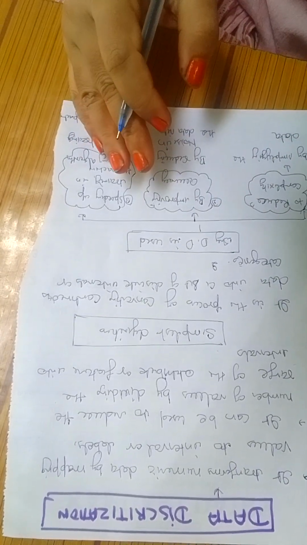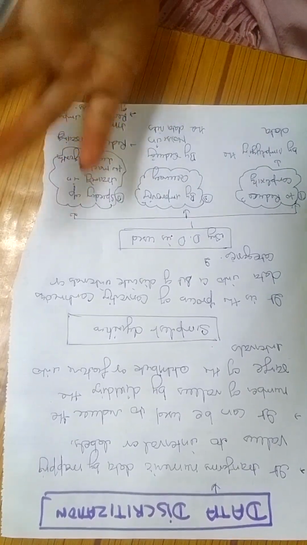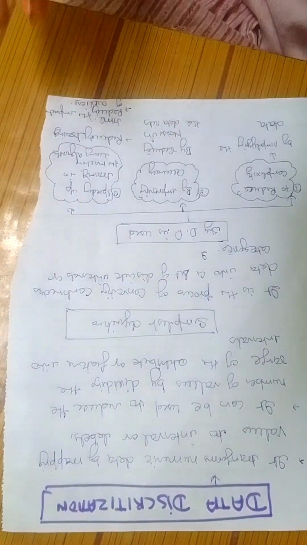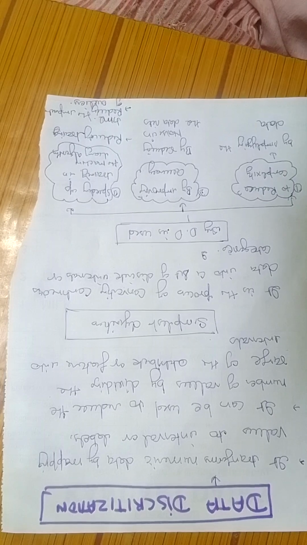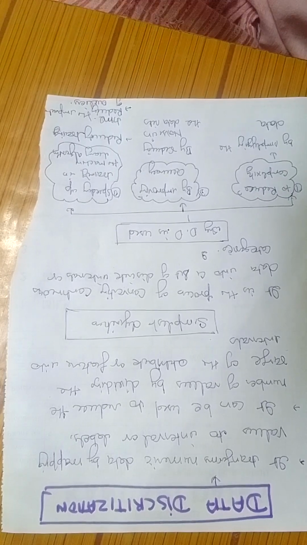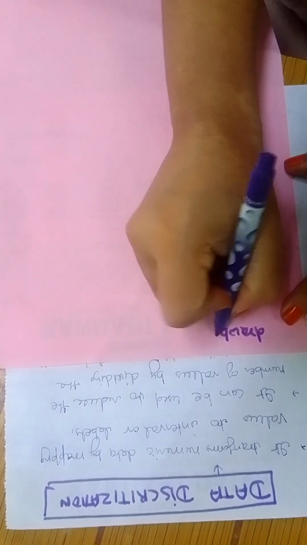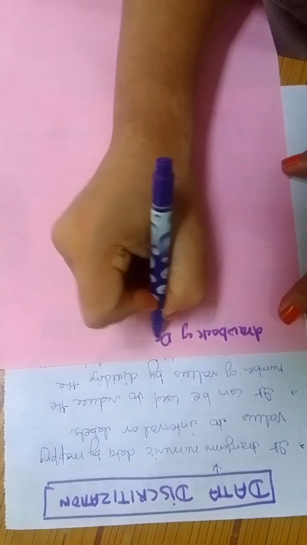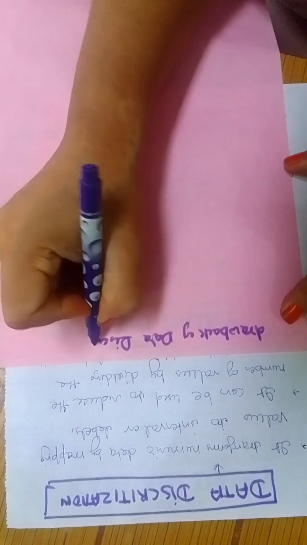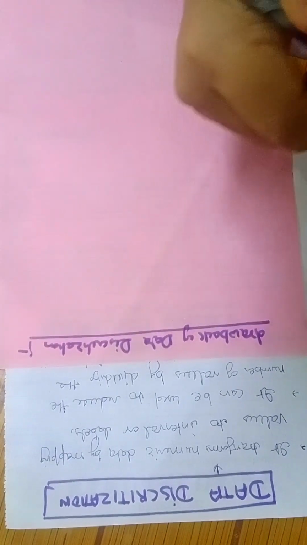Now, what is one drawback of data discretization? It is not exactly a drawback, but to simplify the data, something we lose here. We should know the drawback also.